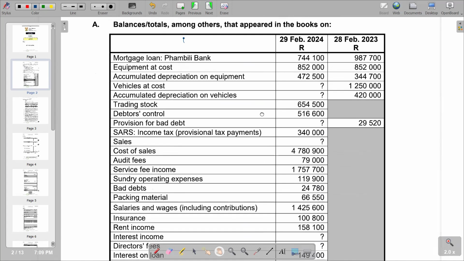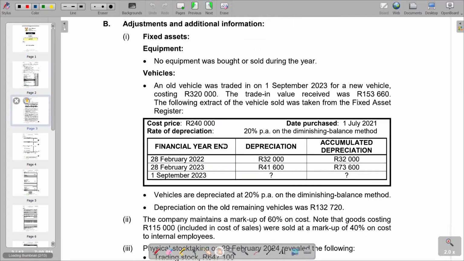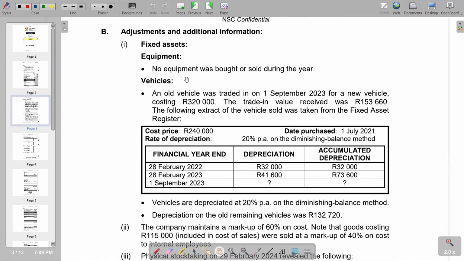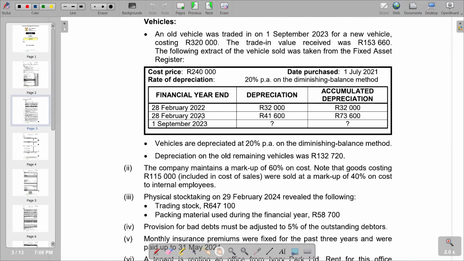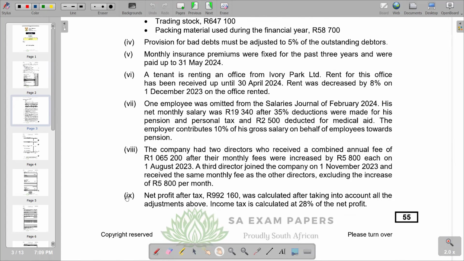We also have additional information in adjustment number B, with fixed assets, equipment, and information on vehicles that we just need to browse through before you start to answer the question. And our question is ending on information 9.